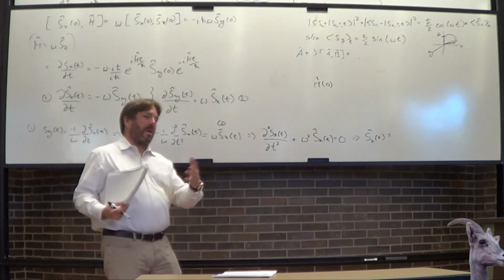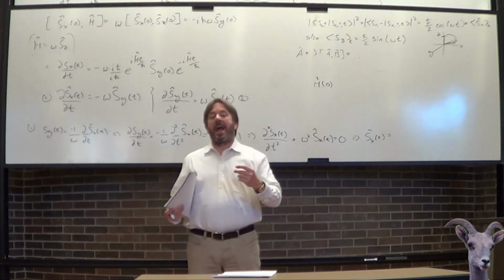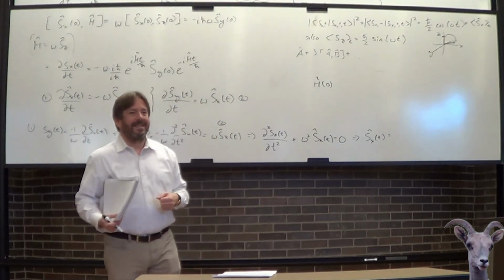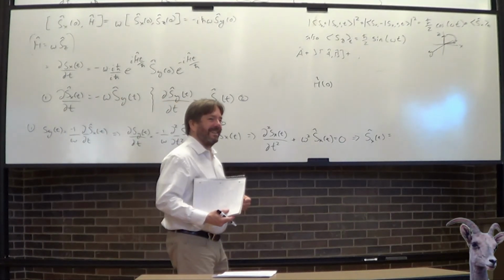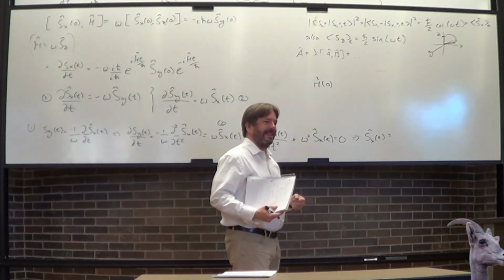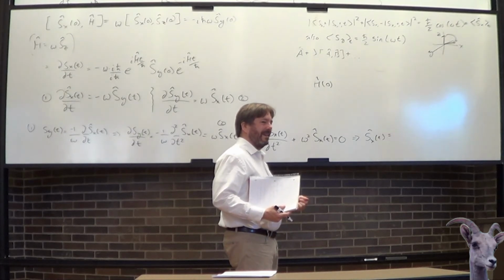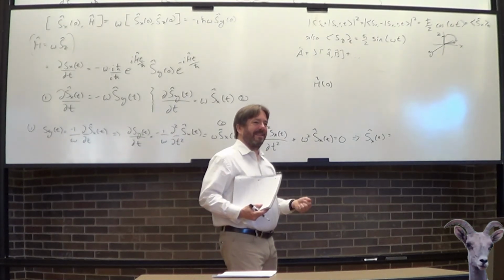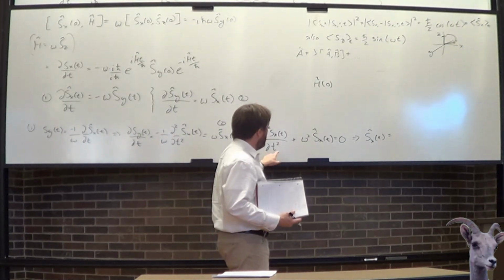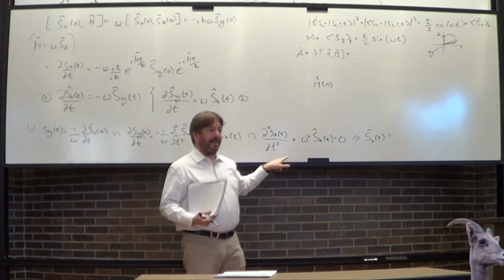Any clue what the answer is? Okay, here's a hint. Think of the letters A and B. Free wave. What's the free wave solution? Right, the Schrodinger equation with no potential energy. Does it look like that?